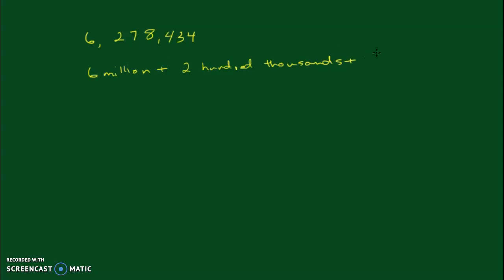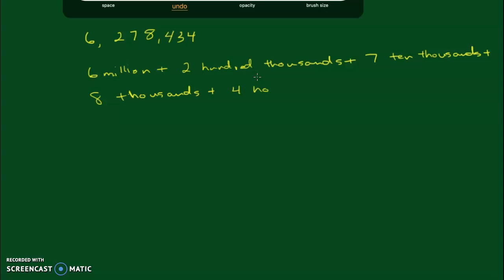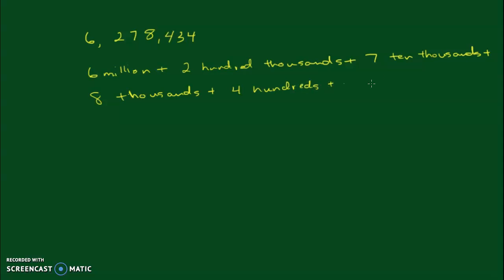The 7 is in the 10,000s place, so it would be 7 10,000s, which would be 70,000. 8 thousands. 4 hundreds. 3 tens. And 4 ones.